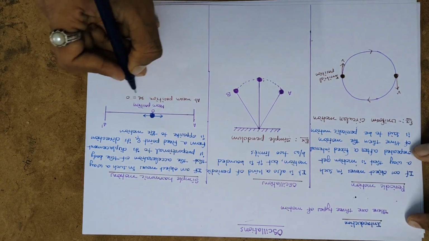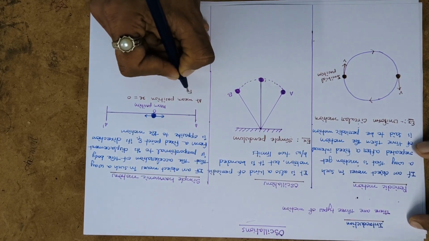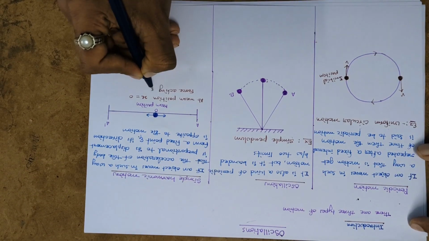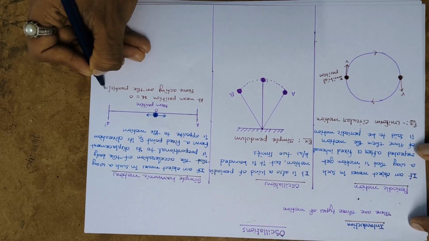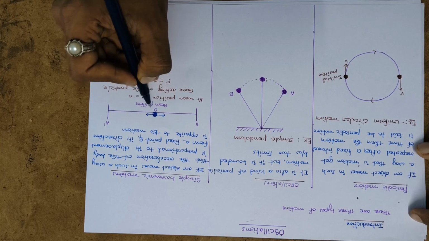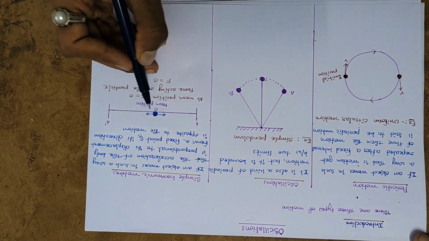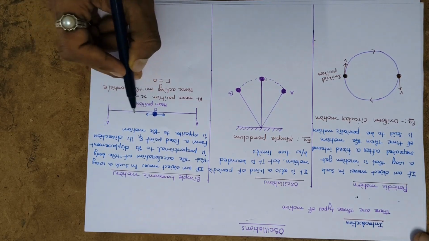If the displacement is 0, the net force acting on the particle is also 0. So force acting on the particle is also 0. So F is equal to 0 at the mean position. Now let us assume the object starts moving towards the A dash direction, along the forward direction.